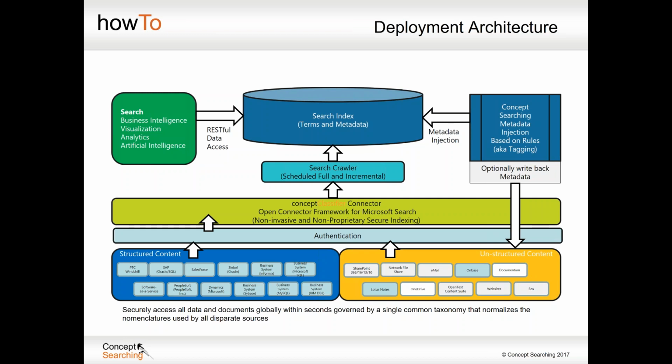All of that content we can bring in through our connectors, put it into a single search index, and then on the top right, we inject metadata based on a set of rules into that same search index. So we can have a globally governed nomenclature that you apply so that it neutralizes all of your terminology.